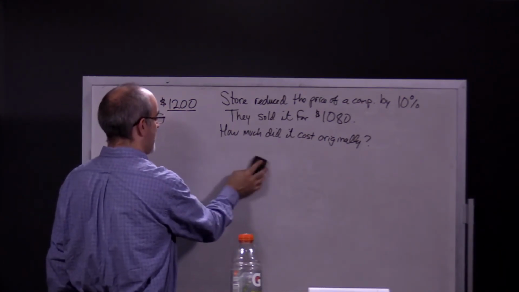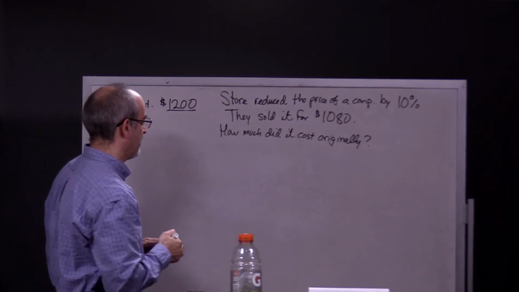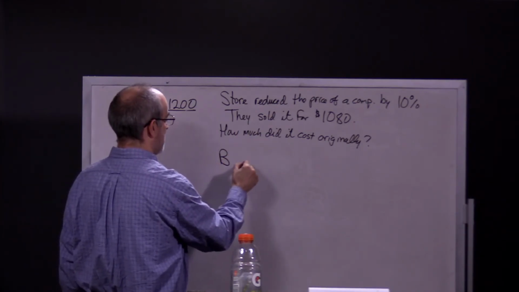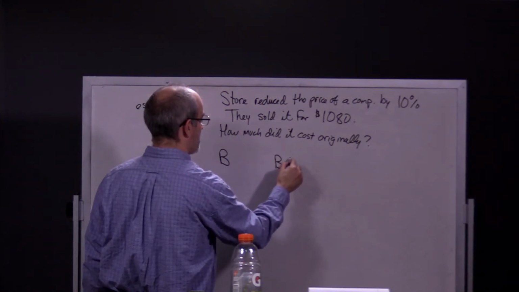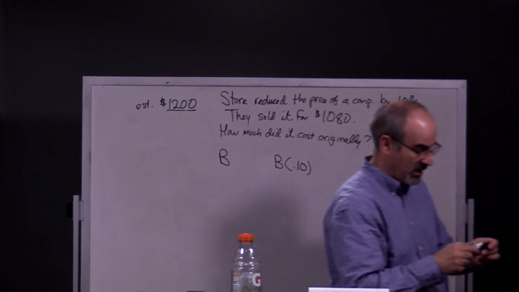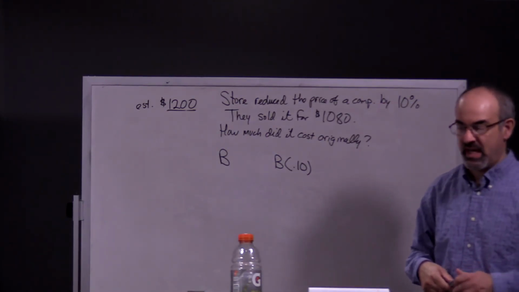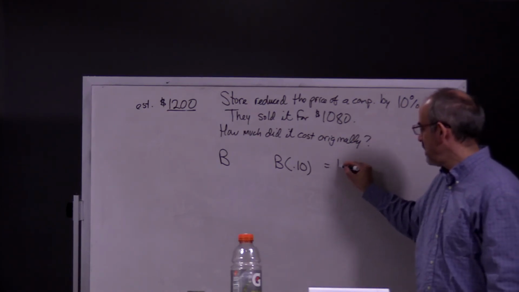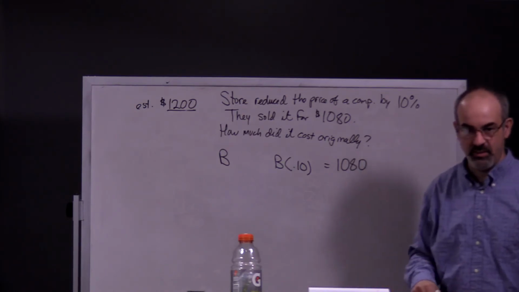Here, let me write, I don't want to call it a formula, but it's sort of like a formula. If you know the beginning price, and then you know how much is being taken off. Remember, the amount that's going to be taken off is the original price times the percent expressed as a decimal. You know the final price is going to be 1080.